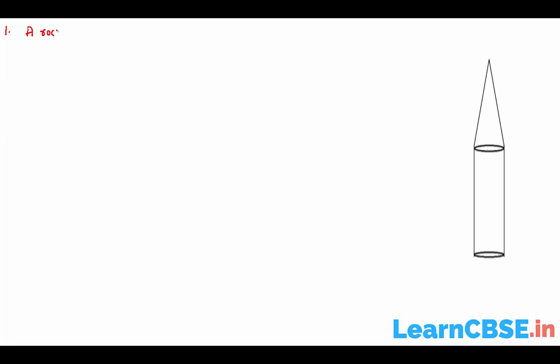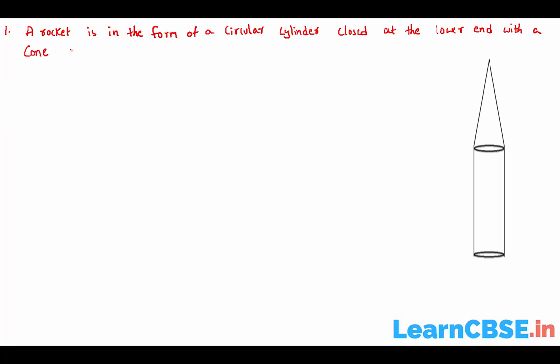A rocket is in the form of a circular cylinder closed at the lower end with a cone of the same radius attached to the top.